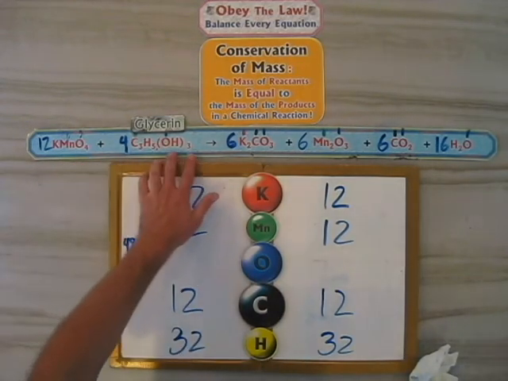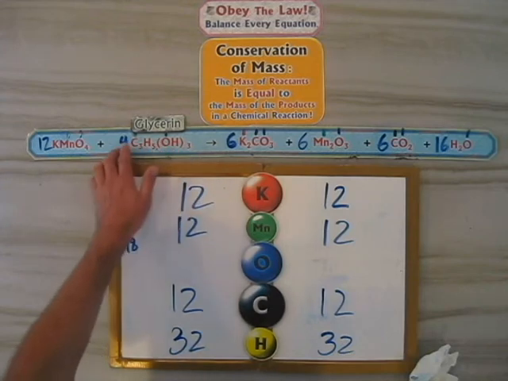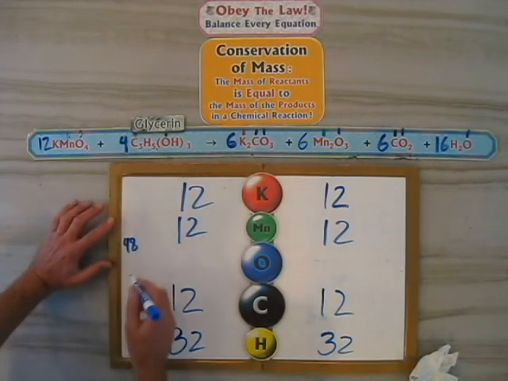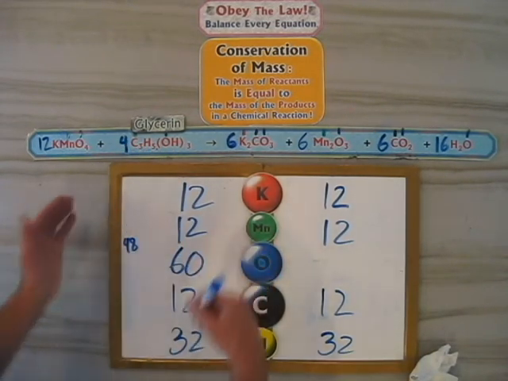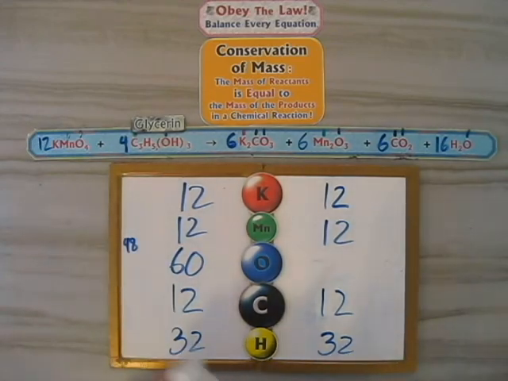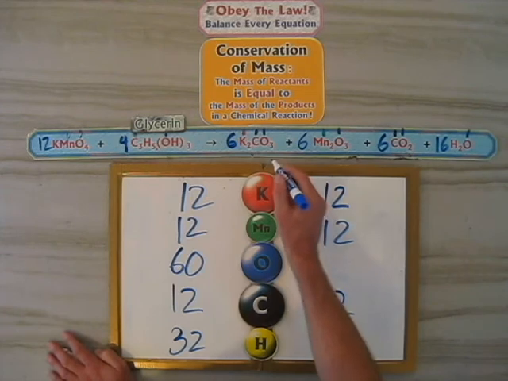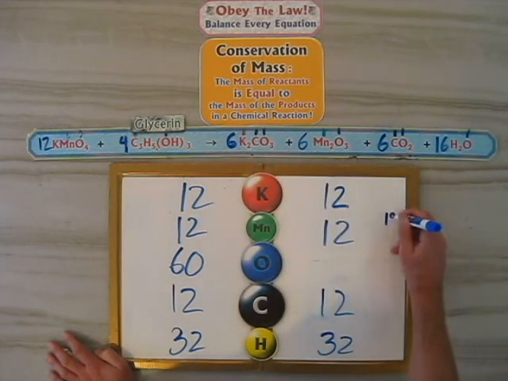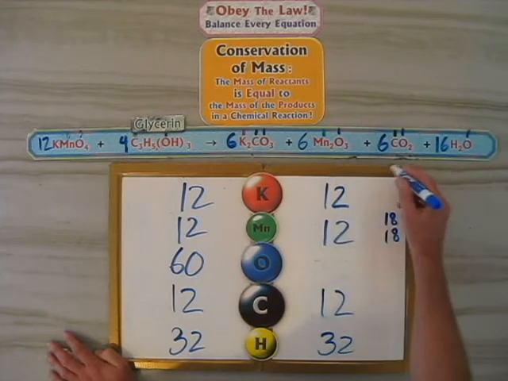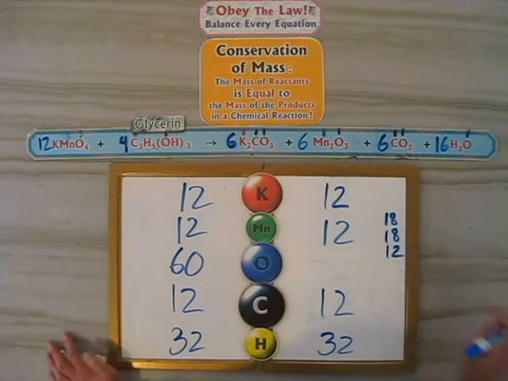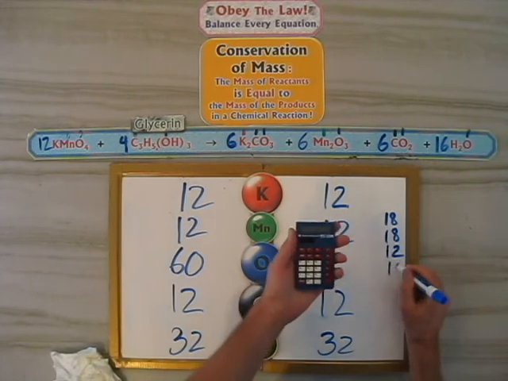And then how many oxygen are here? That's 3 times 4. That's 12. That's 60. Interesting. These look like kind of good numbers. I don't know. They look good. 60 oxygen over here. Maybe this side will be 60? Let's see. 18 oxygen right there. 18 oxygen right there. Okay, we got 12 oxygen right there. And we've got 16 oxygen right there.